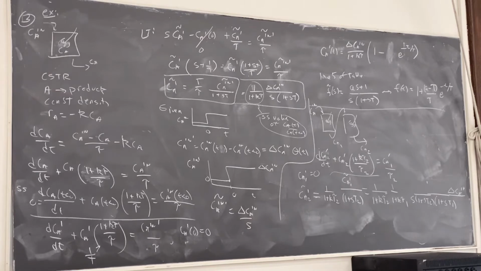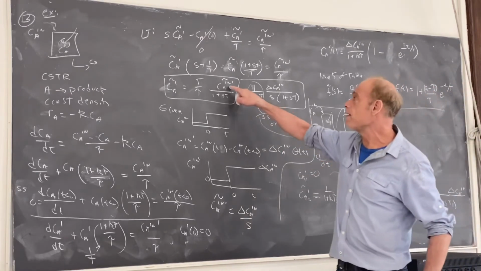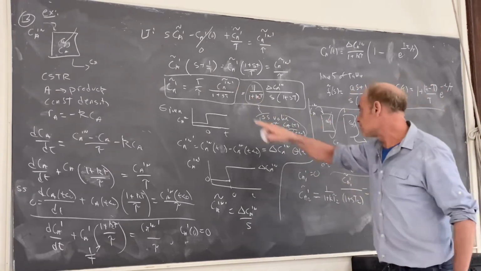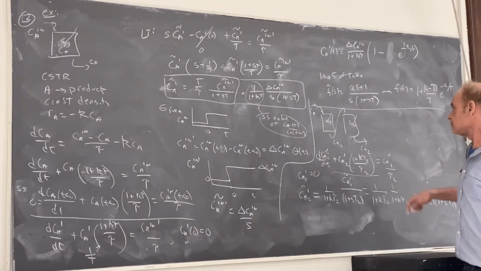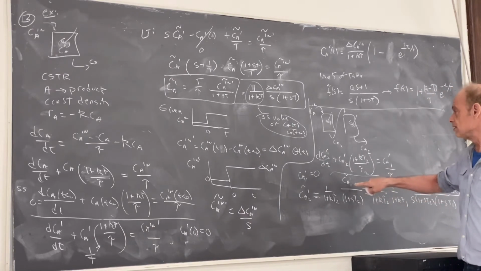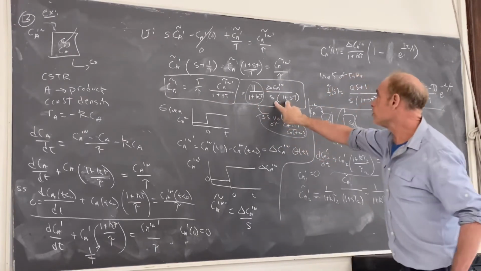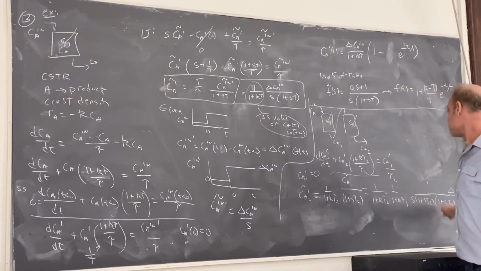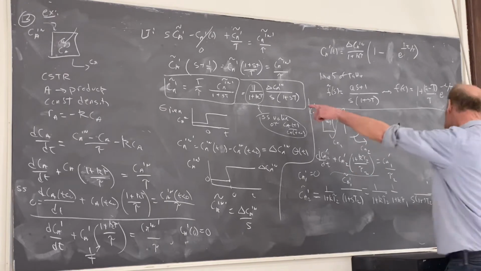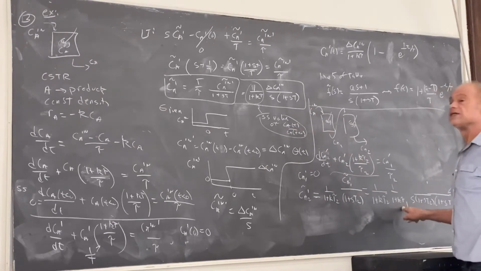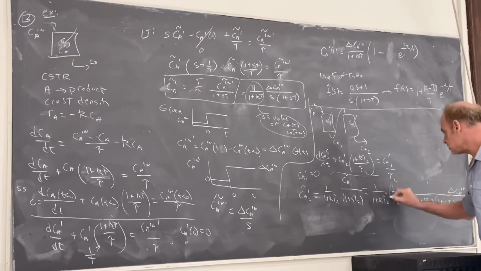It's exactly the same algebra, but instead of CA in prime tilde, I have CA1 prime tilde. And CA1 prime tilde I just copy from here. So I've got the 1 over s times 1 plus sT1, the delta CA in, and the 1 over 1 plus k tau 1.